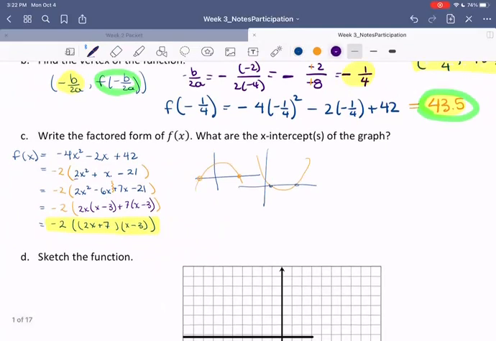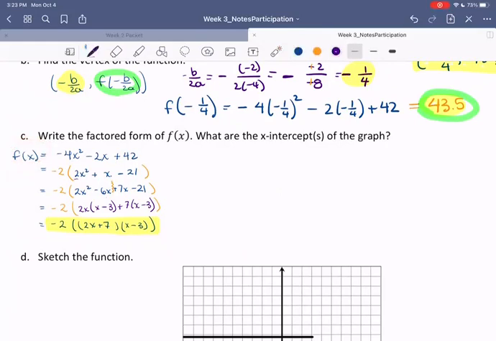Something else we notice about an x-intercept is x-intercepts always occur when the y or output value is equal to 0. So to find those x values that we cross the graph, what we're going to want to do is input or set f of x equal to 0.